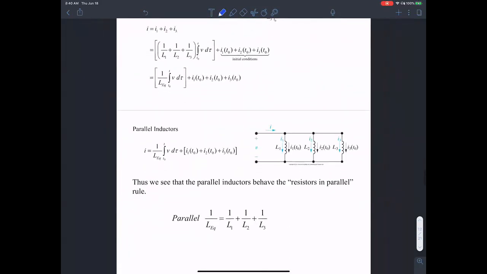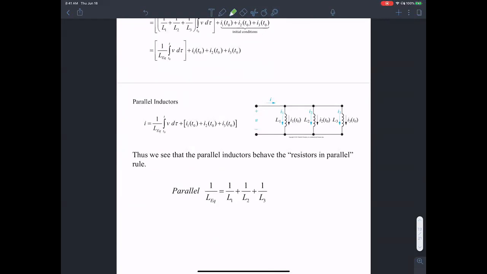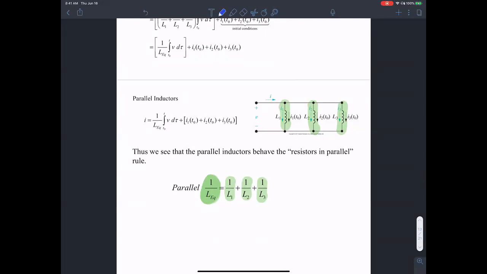Using that principle, you can find that when inductances are connected in parallel, the 1 over equivalent inductance is the sum of 1 over the individual inductances. Exactly the same as for parallel resistances.